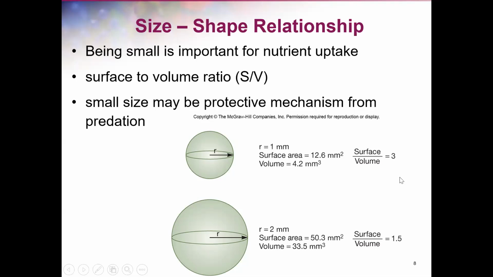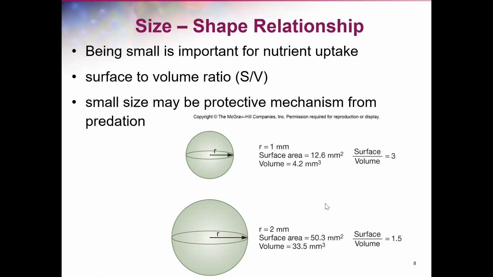You can see that it actually doubles, right? This ratio is really important because if the surface is bigger, they have a larger interaction surface with the environment, which is good for taking in nutrients. They have more chance to interact with the surrounding water if they stay in a lake, pond or river.